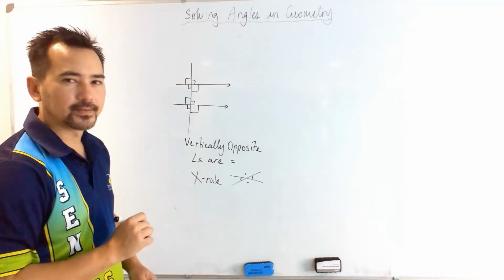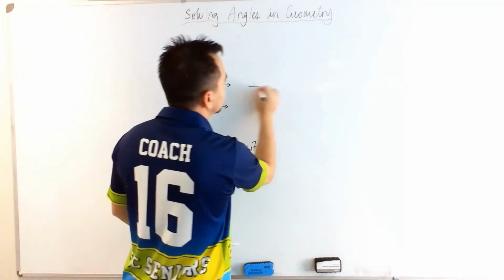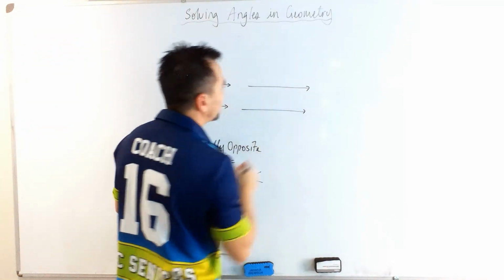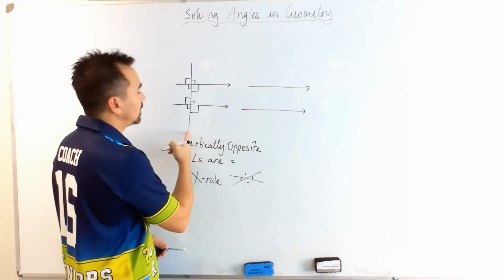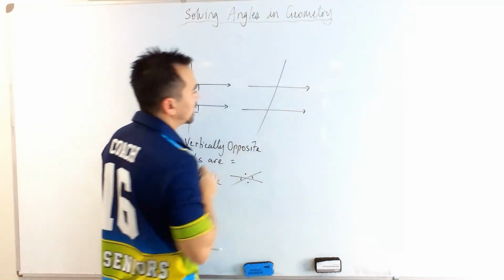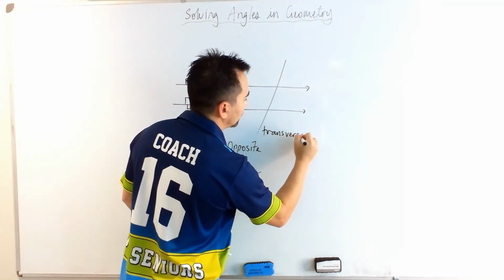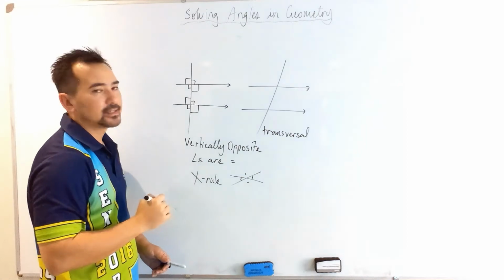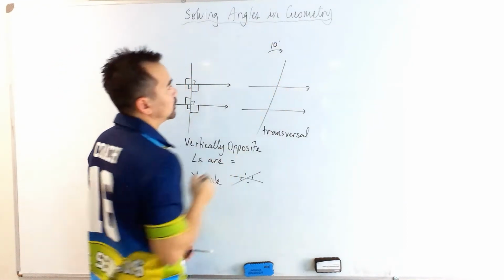Okay, now let's take this a bit further. Let's say that we take the same second floor and the first floor, and let's say that this line is called the transversal. And let's say that the transversal has been tilted 10 degrees.